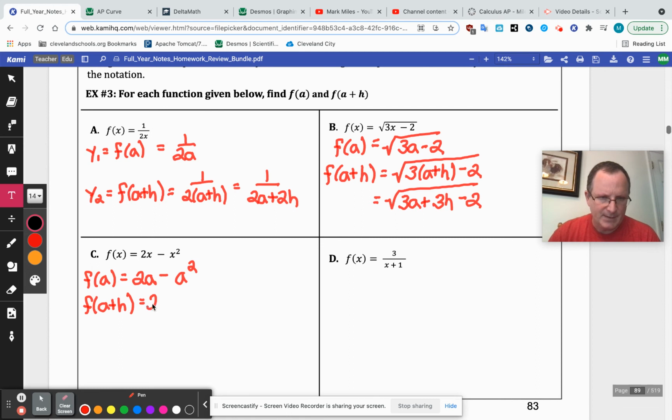So this is 2a plus 2h, right? Just going a little bit faster here. All right, minus not x squared, but a plus h squared, which then needs the FOIL method or box, whatever it is. I think most of you did FOIL when you learned this the first time a long time ago. But that's what I'll do too.